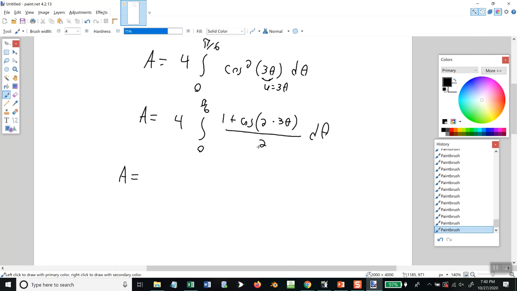Now this 2 down below, I can move it out in front as a half. So 4 times a half, from 0 to pi over 6, 1 plus cosine 6 theta, d theta.